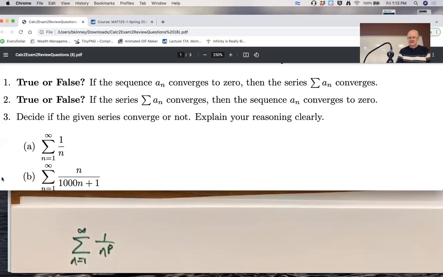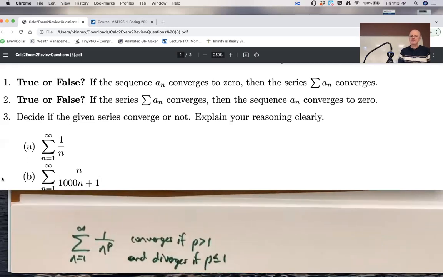You may use this as knowledge anytime you need it. This converges if P is bigger than 1 and diverges if P is less than or equal to 1.